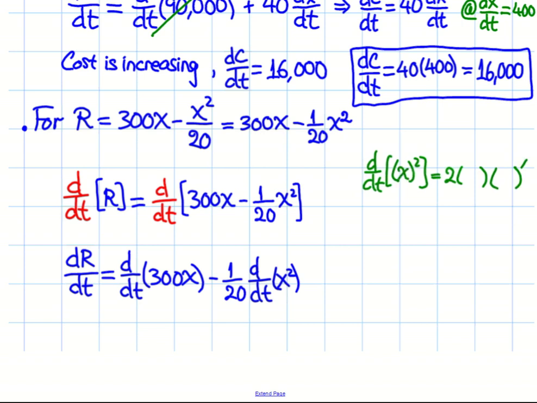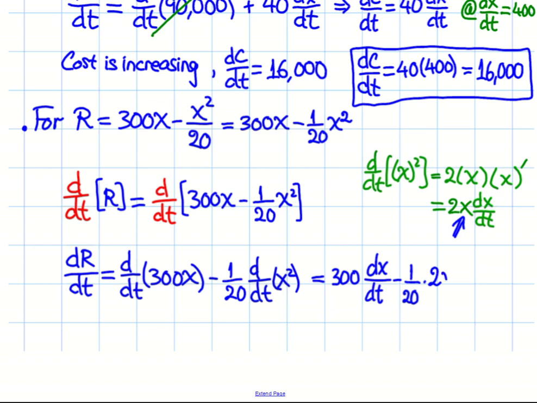So if we have x, that is 2x dx over dt. So the derivative of 300x with respect to t will be 300 dx over dt, and then minus 1 over 20, and then the derivative of x squared is 2x dx over dt.